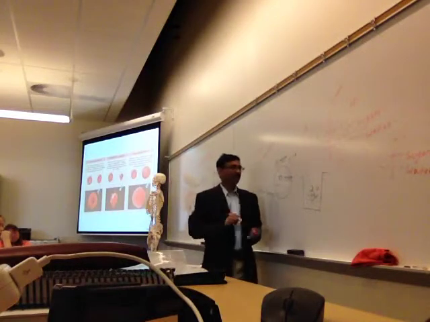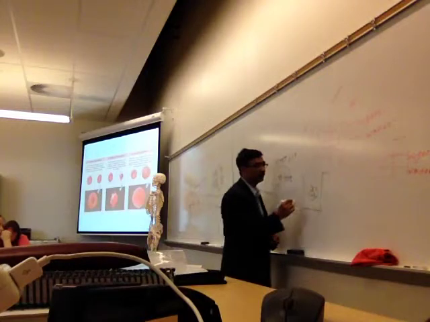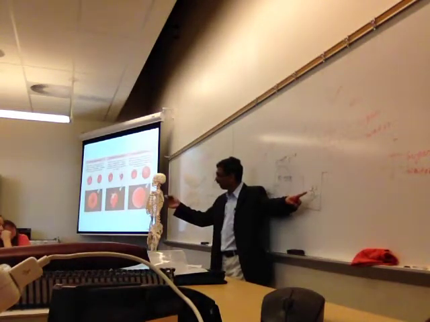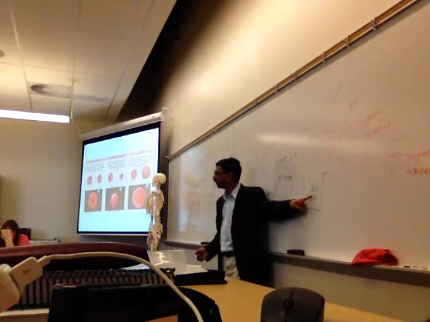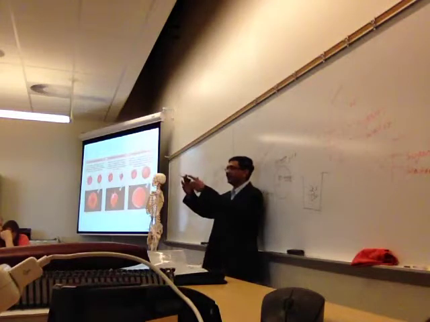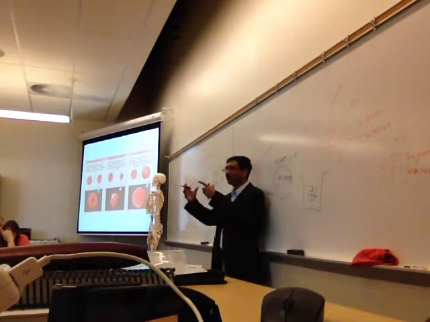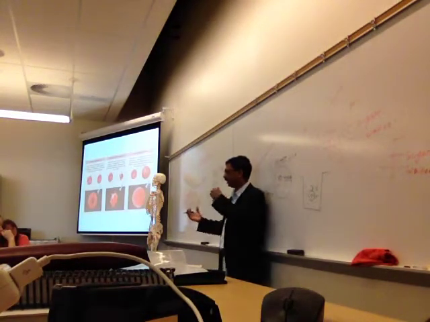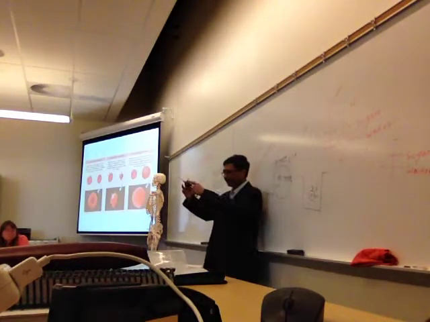Now, if the outside solution has 2, then again water will always move from low to high, right? So water will go from outside to inside. Make sense? So the cell will get bigger and swell up and may even burst or rupture. So if you put the cell in hypo, the cell will get bigger.